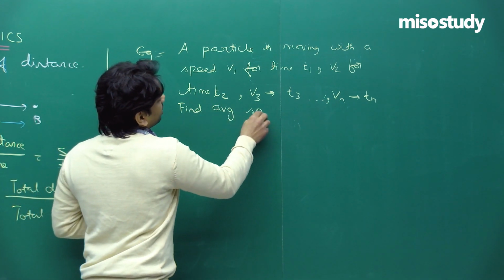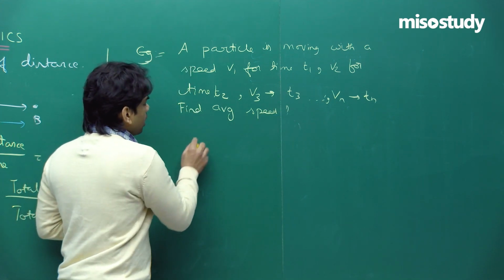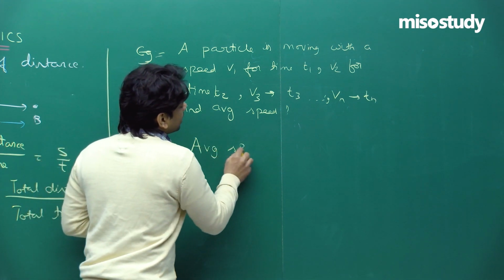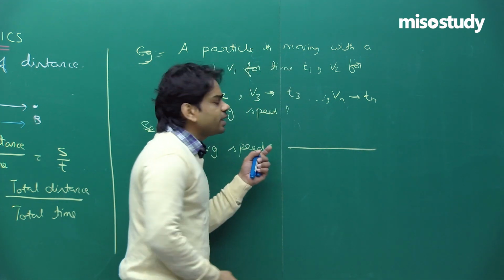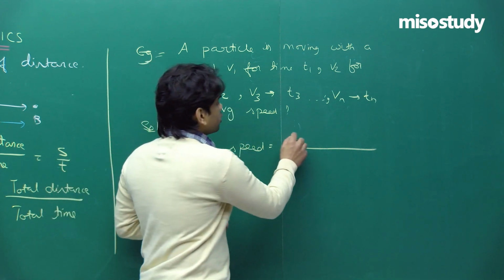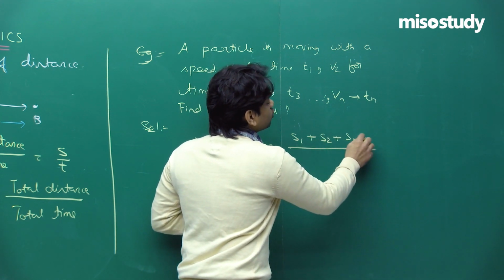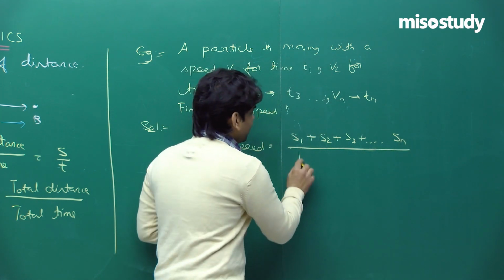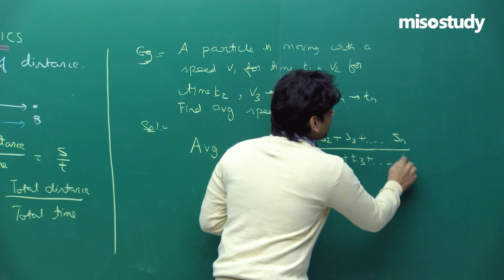Find the average speed. That's very easy to evaluate. Just now I told you, average speed is total distance traversed upon total time taken. So total distance will be v1 into t1 plus v2 into t2, and so on. So I'm writing s1 plus s2 plus s3 and so on up till sn, this is the total distance traversed, upon total time, t1 plus t2 plus t3 and so on up till tn.